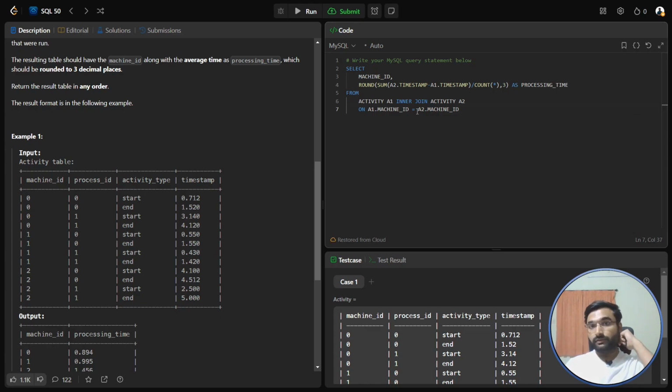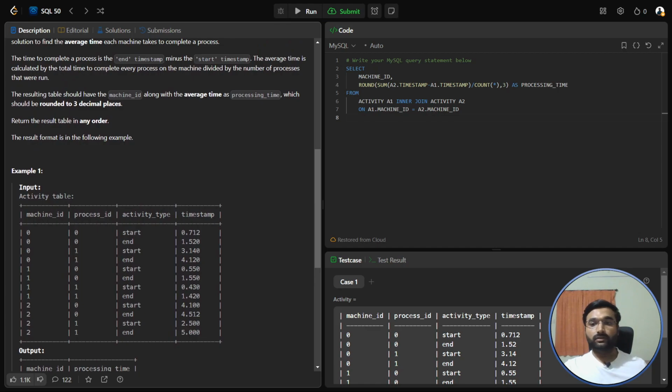Now since I've joined these two tables, we even have to write the conditions, right? The condition will be A1.process_id equal to A2.process_id, because we want to calculate it for the same process. We don't want two different processes to be taken into consideration.